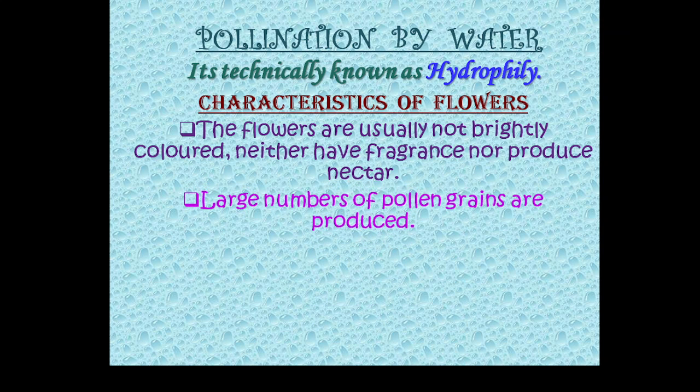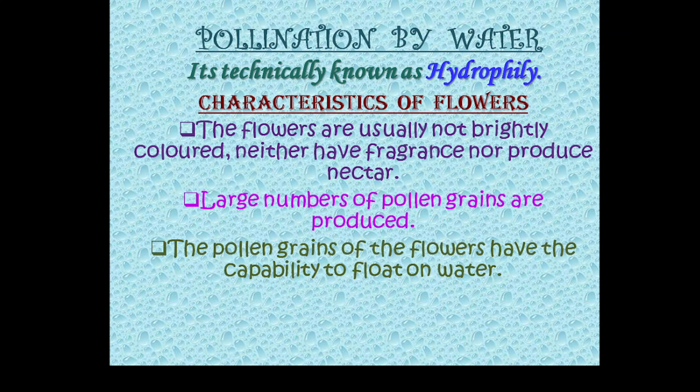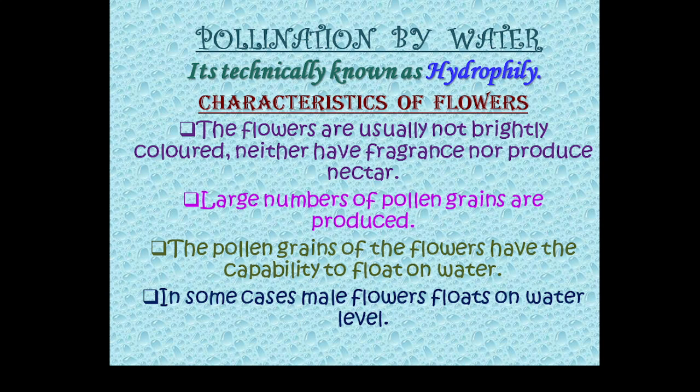Large numbers of pollen grains are produced, again the same characteristics as anemophily as we have seen. Last one, the pollen grains of the flowers have the capability to float on water, and in some cases the male flowers float on the water level.